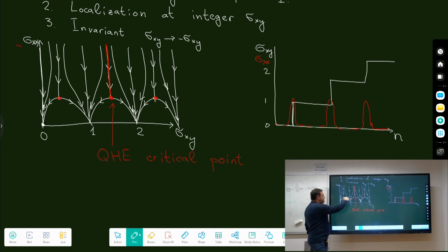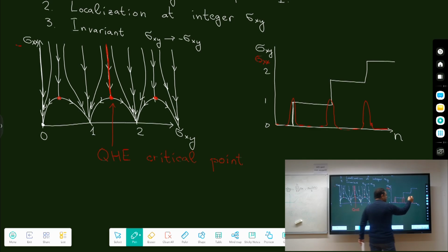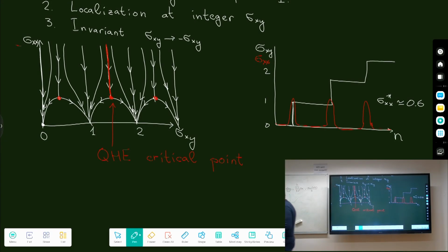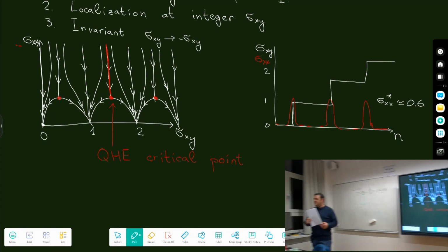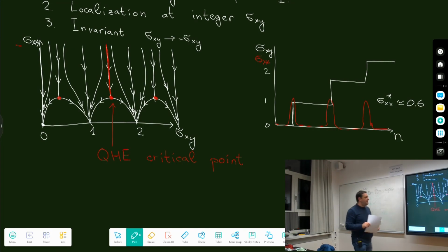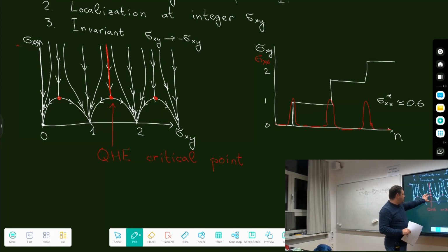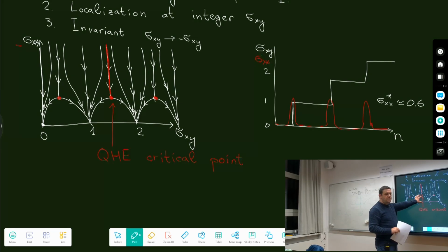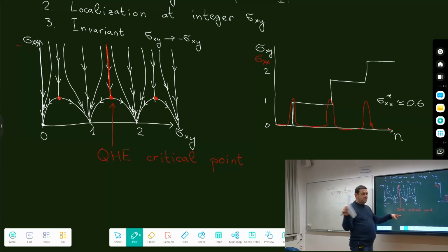So the sigma xx critical value is approximately 0.6. It's an experimental knowledge. We cannot derive it from the sigma model, but we can do the experiment. This is the universal value, the height of this dome. It doesn't depend on material. Yes, it's universal. It's a consequence of the sigma model, which knows nothing about your material, just sigma xx and sigma xy.